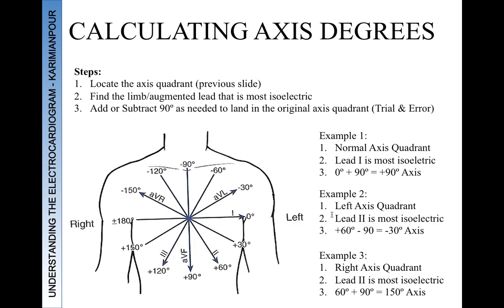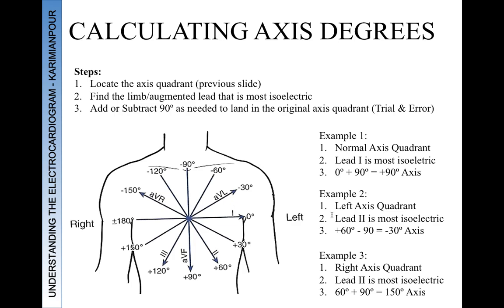So let's go through some examples. Let's go through example 3 first, and I think that's the more interesting one. They give you a 12-lead EKG, and using limb lead 1 and AVF, you determine that it's a right axis quadrant. How did you do that? Limb lead 1 on that 12-lead EKG showed a negative deflection, so we know that instead of the current going to the left as limb lead 1 is going, it's going to the right.